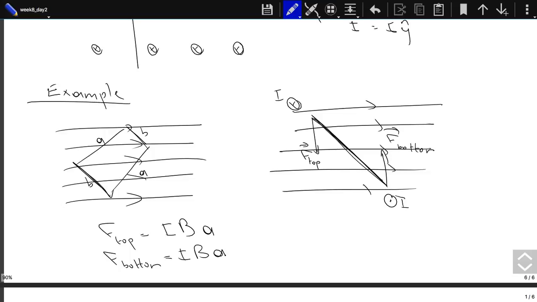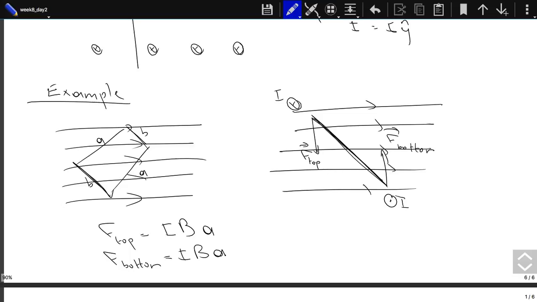Now let's say we have four sides of my loop. We already calculated the forces at the top and at the bottom. What about here? What is the direction of the force? You see, the current is running in this direction. On this side, it's running like this. This is the direction of B. So I cross B is into the screen.